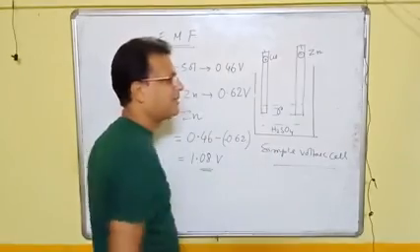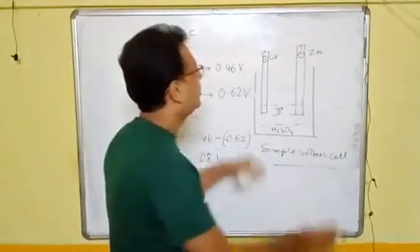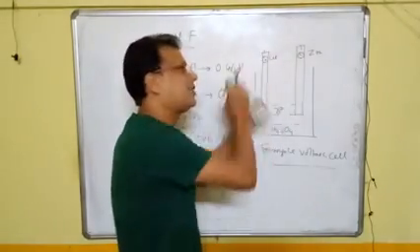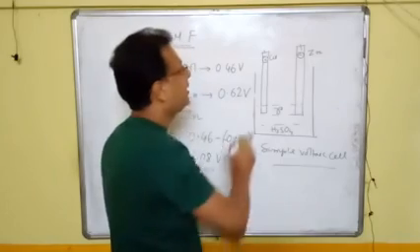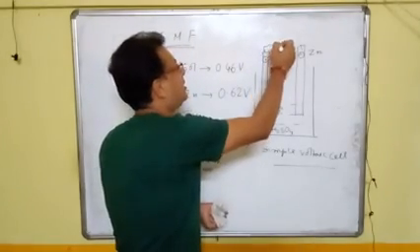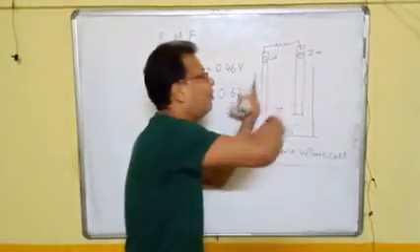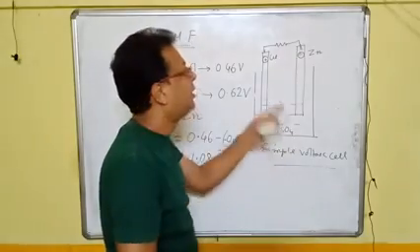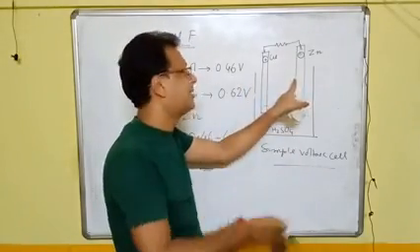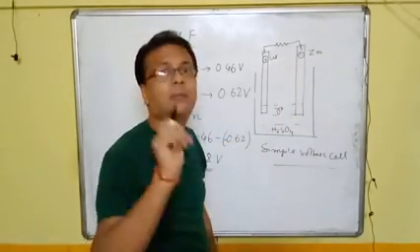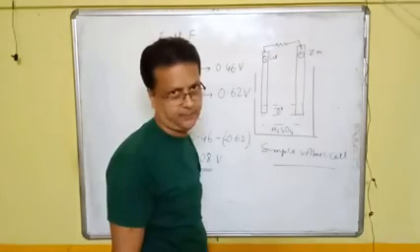So EMF of the cell exists just by inserting the electrodes when no current is drawn. If you connect these electrodes by wire, immediately there will be a flow of current. So the potential that then exists between the copper and the zinc is known as terminal potential difference.